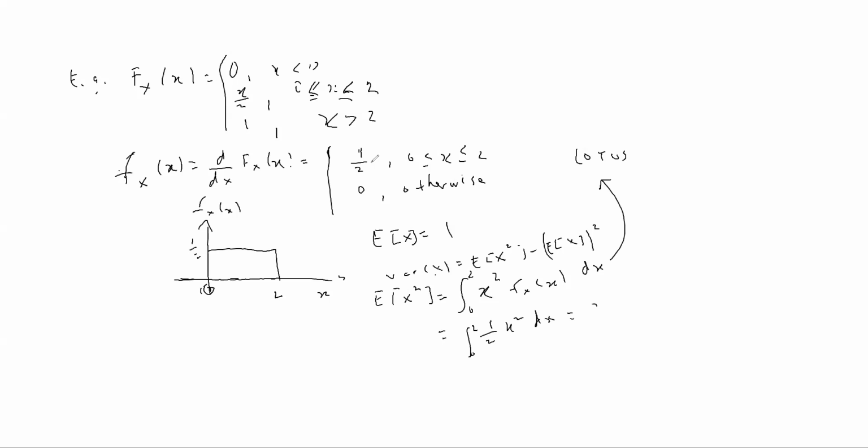So this is going to be x cubed over 6, from 0 to 2, which is equal to 4 over 3. So right now, the variance of x is just 4 over 3 minus 1 squared, which gives us 1 over 3.